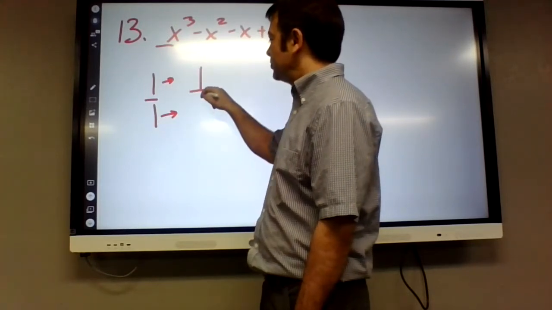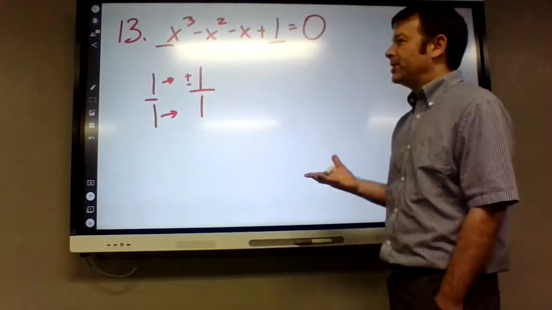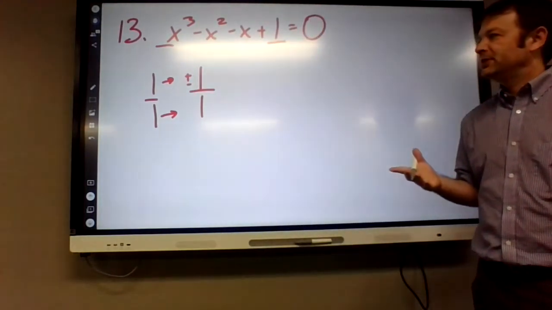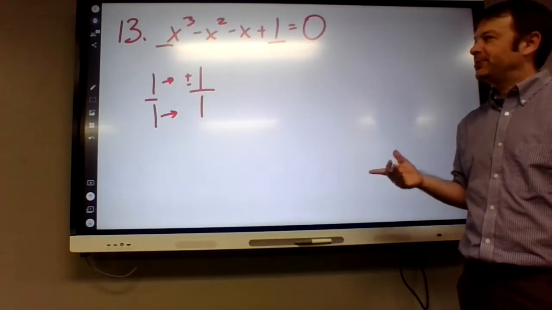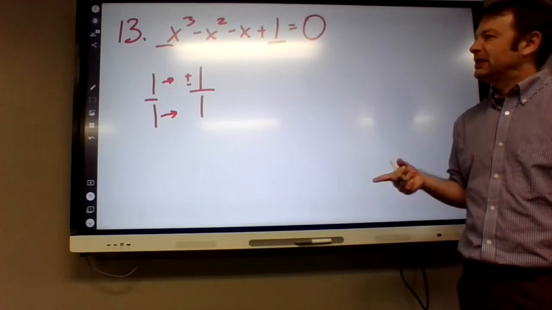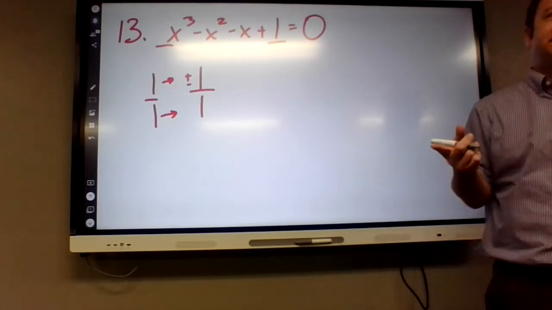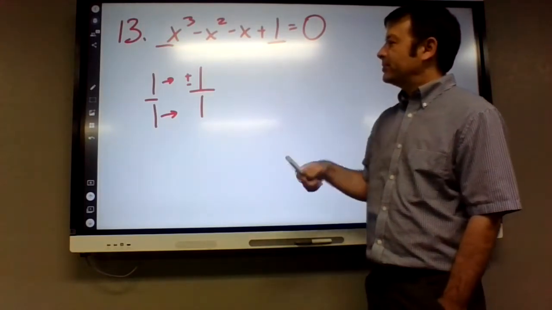What are the factors of 1? And actually the factors of 1 could be plus or minus on all these. So the only possible rational solutions are plus or minus 1. You guys remember that from last year? A little bit? Okay, anyway, we'll do another one, you guys will.